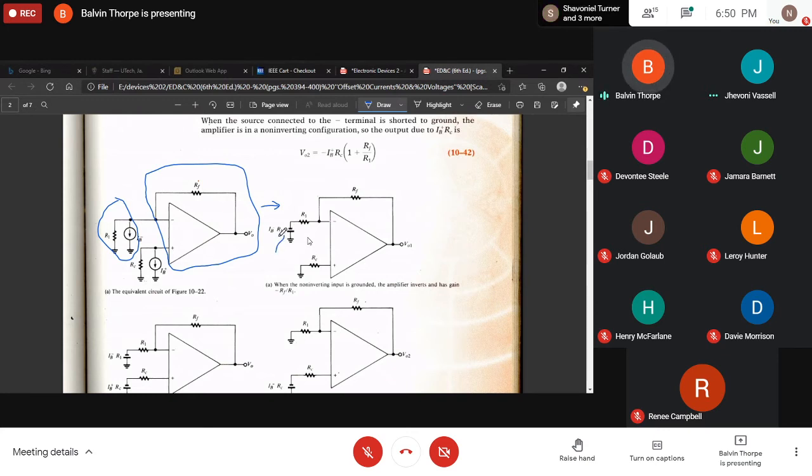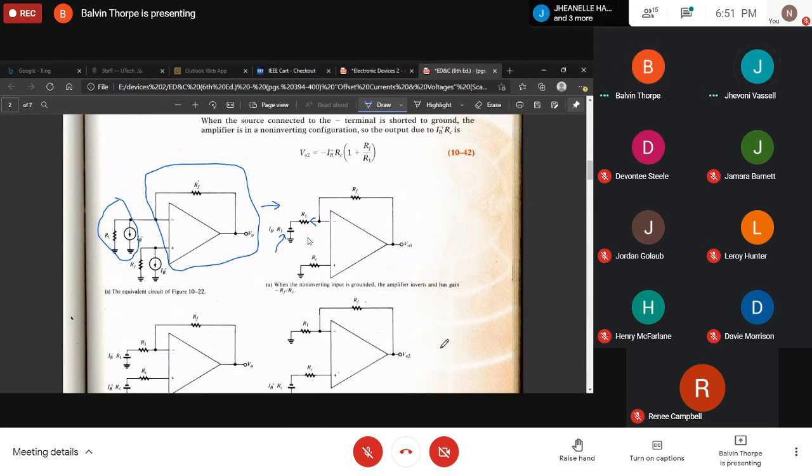Even though we didn't have a voltage before, it was grounded, because of the feedback we now have a resistor, and now we have a voltage because the current is coming in this direction, and that current, remember, is IB minus. So IB minus times R1 is going to give us a voltage of IB minus times R1. Agree?